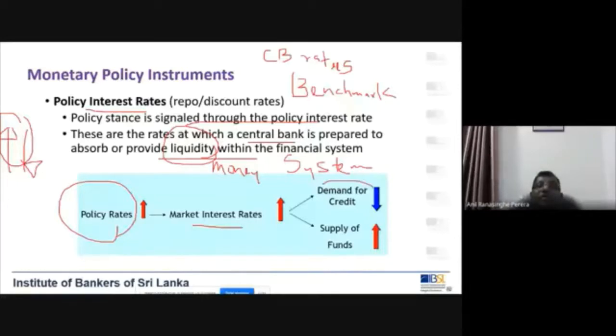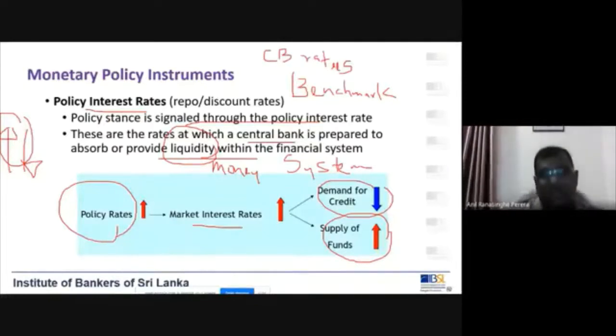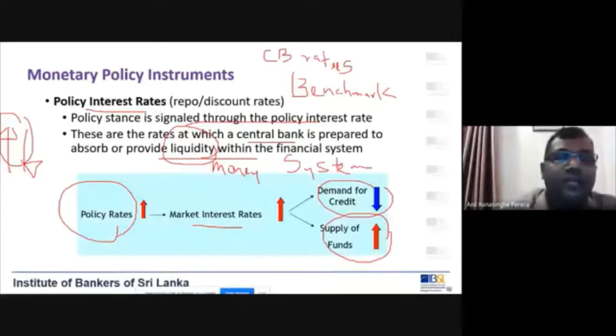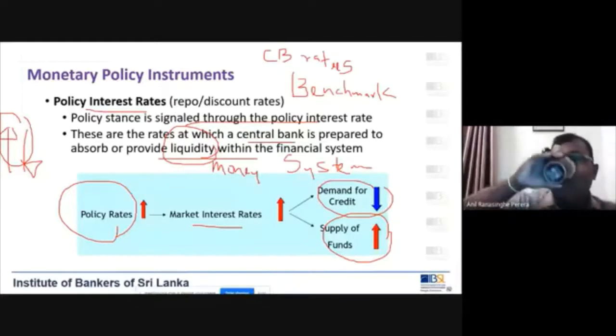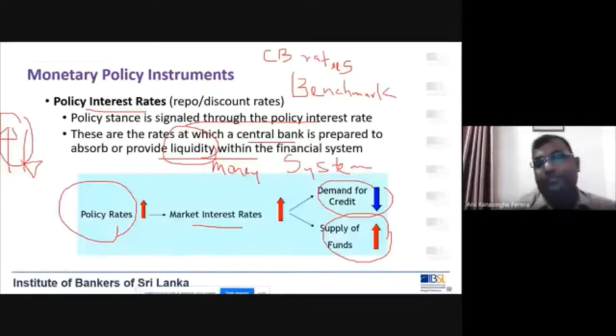So demand for credit will go down, but the supply of funds will go up because there are increased market rates, right? So these are called policy rates. Most of the modern central banks are using the policy rates as the main monetary policy instrument.